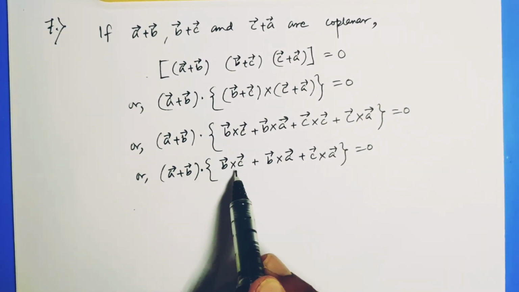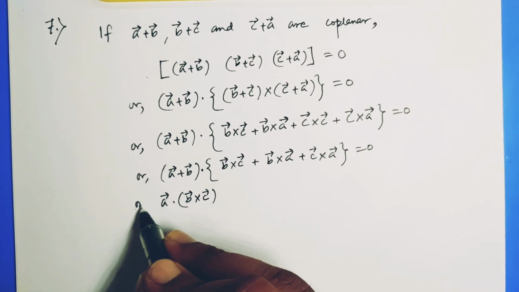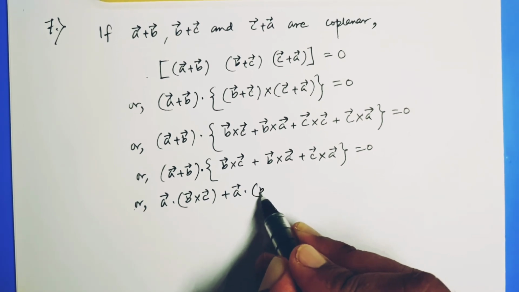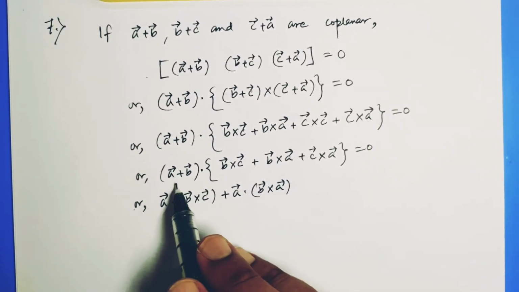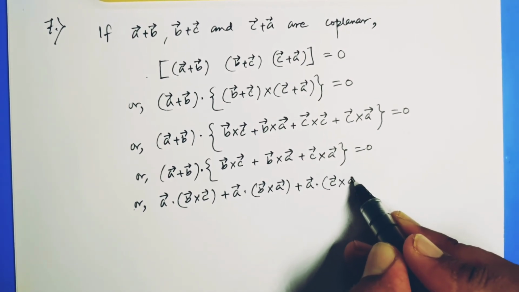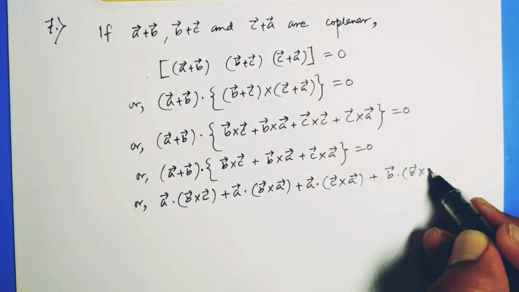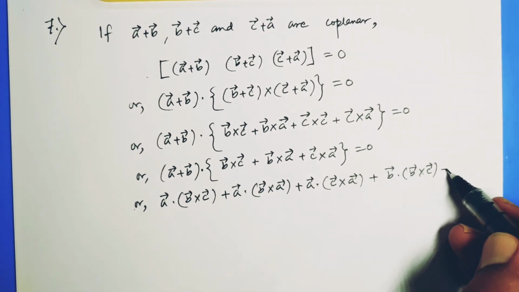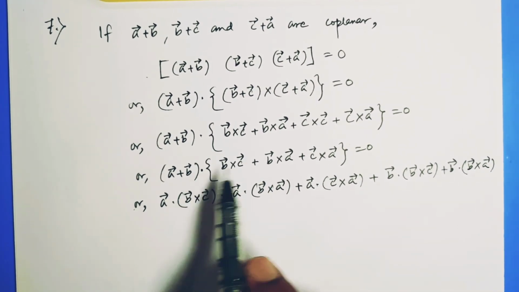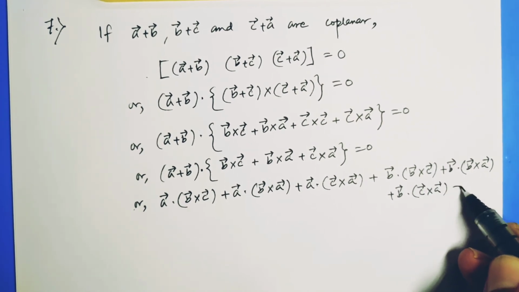Now let's do the dot product with each one of them. What do we have? A dot B cross C, A dot B cross A, A dot C cross A, plus B dot B cross C, plus B dot B cross A, and last one, plus B dot C cross A. That is equal to 0, right?